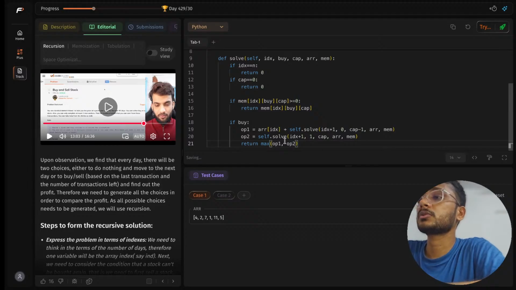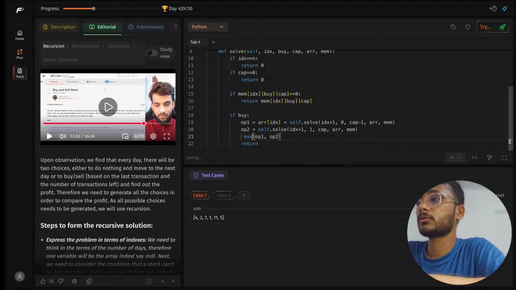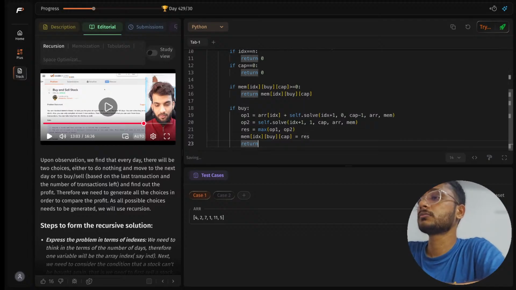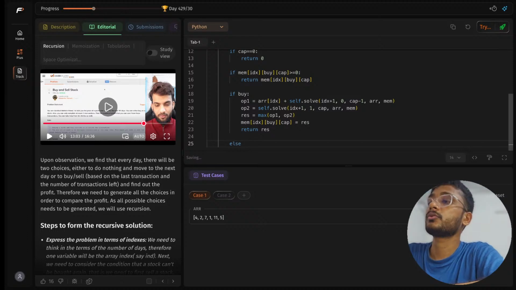Okay, now you will say idx and then buy and sell capacity. Else if you are not buying, that means you are selling.